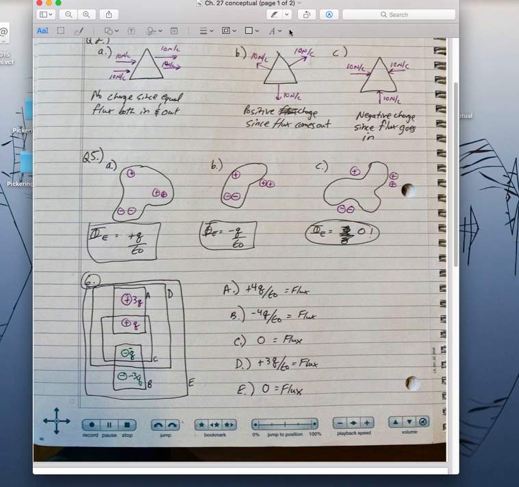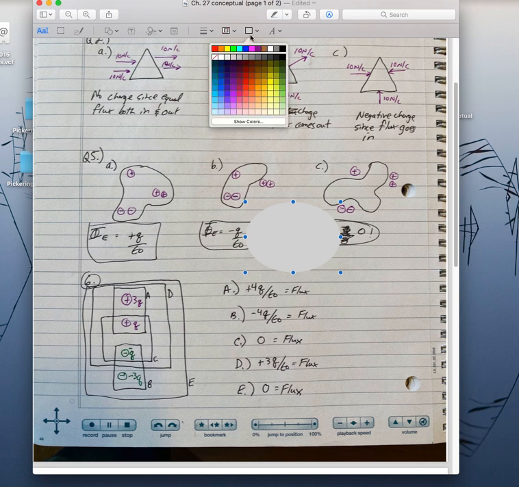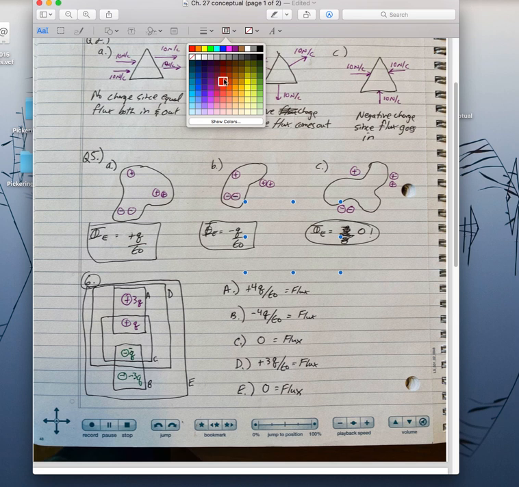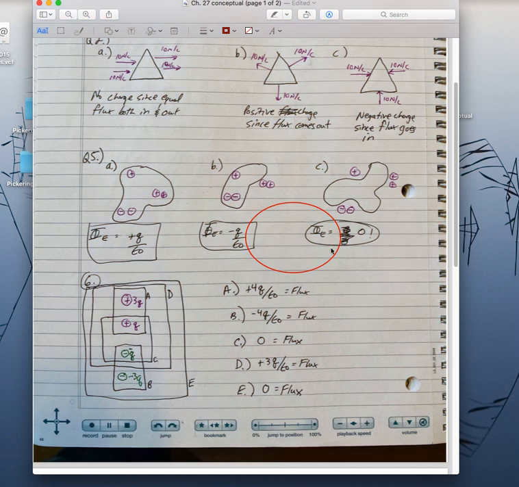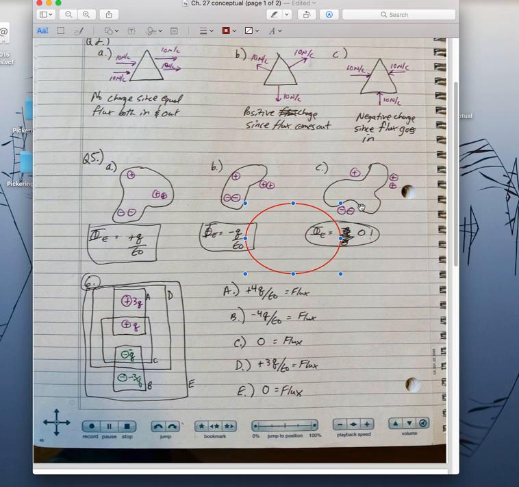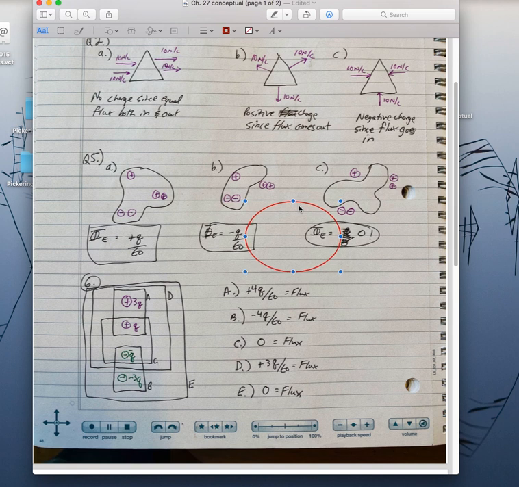So if I had a different type of shape, and let's say here I have this as nothing, and here I actually have this as this. If I make this shape, something like this, obviously it's flux then.